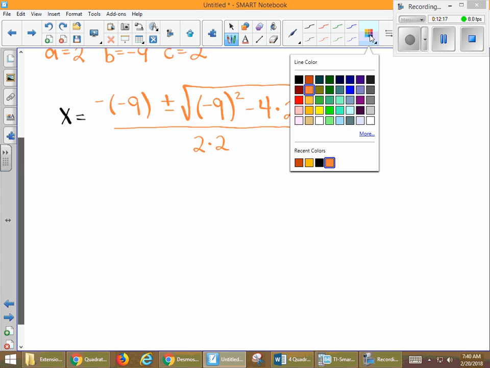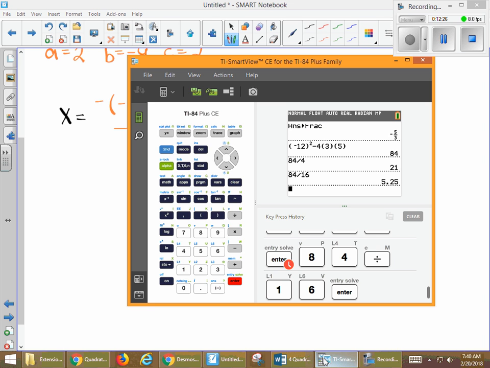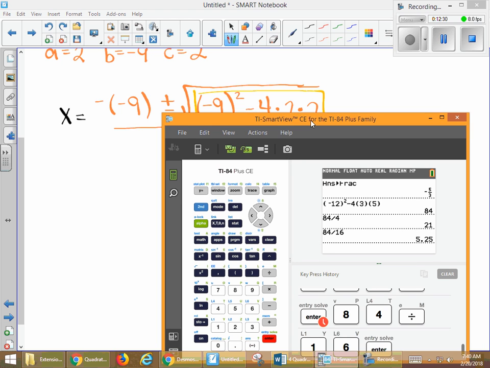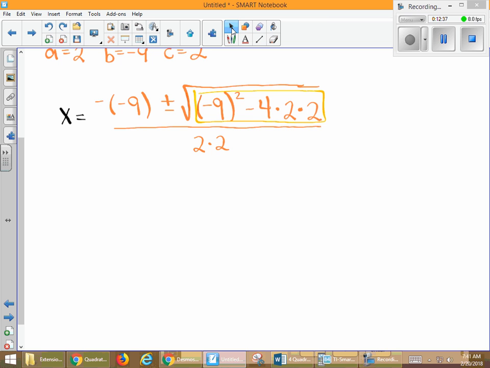Now we take the mess under the radical and we put that into our calculator. So in my calculator, I'm going to make this look exactly like it does on the screen.